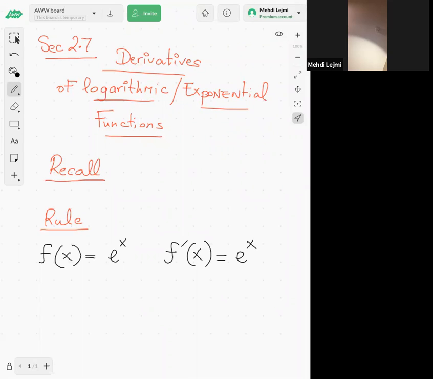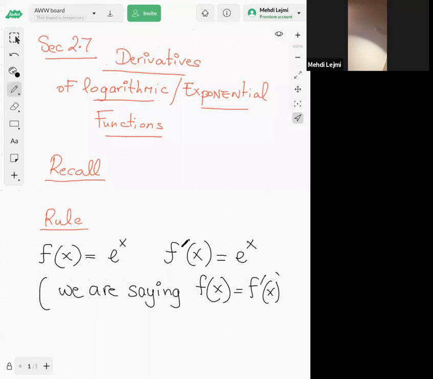The derivative of the exponential is the same as the function f, so f of x is equal to its derivative.